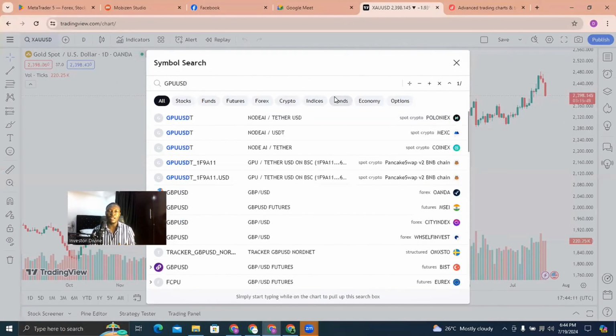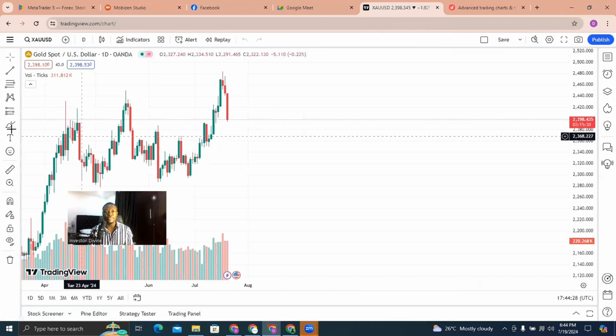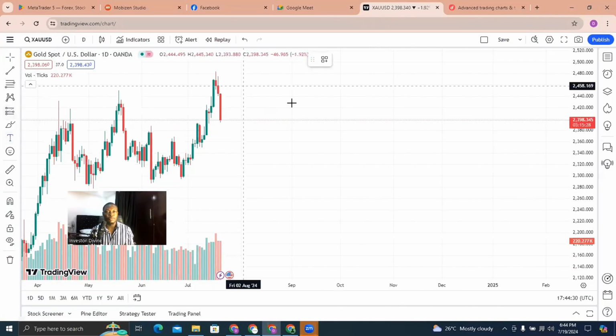But my favorite pair that I trade is the GBP/USD. Let me bring perspective to it. I'm going to list them out somewhere here.